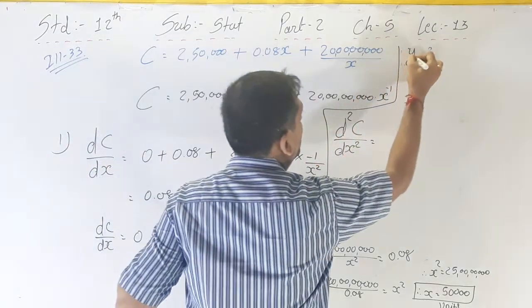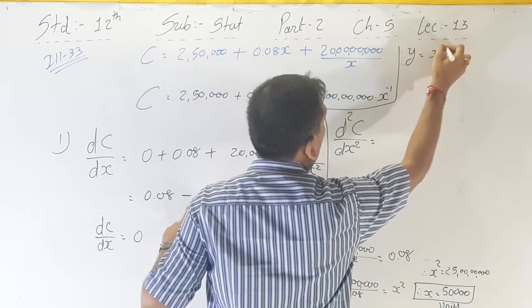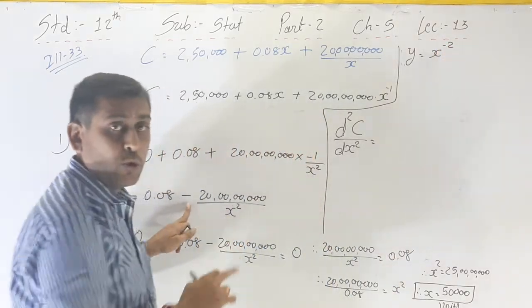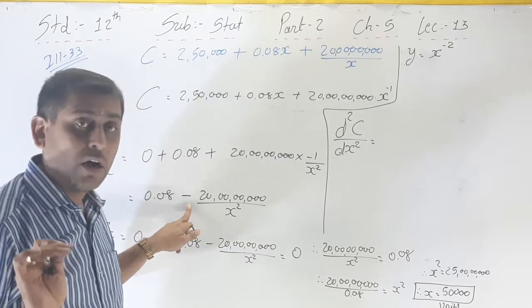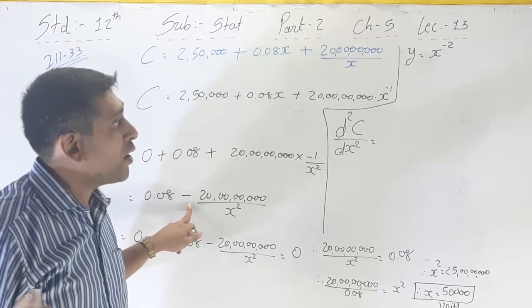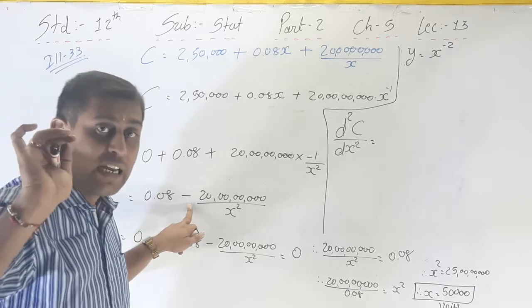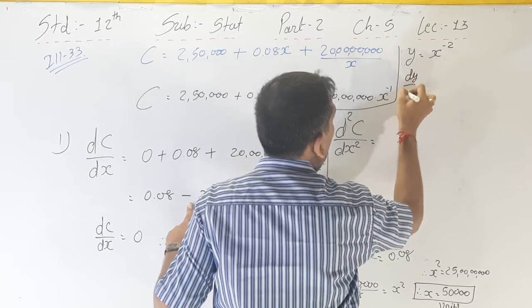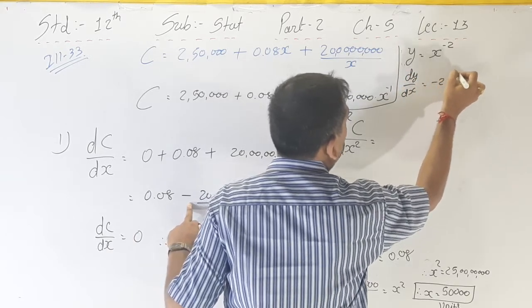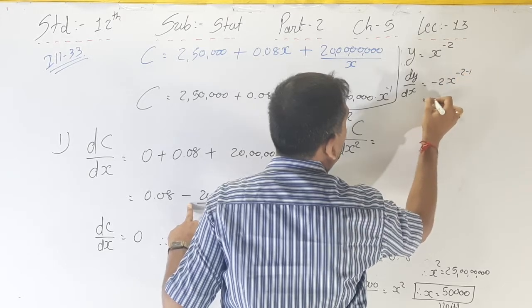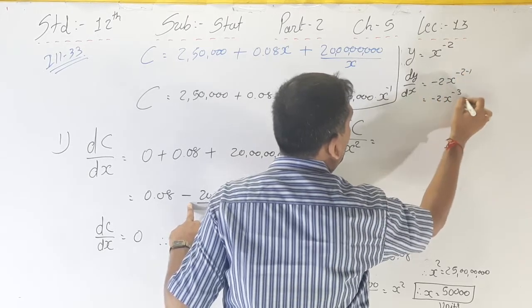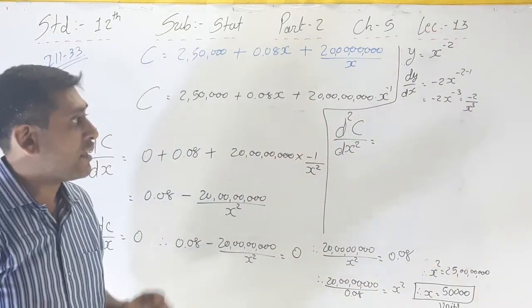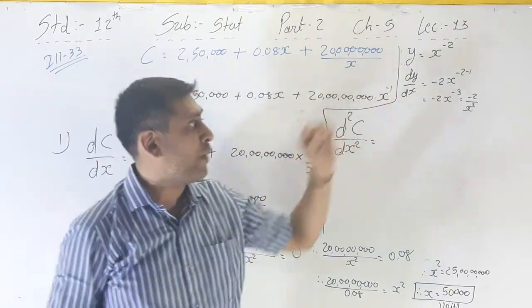What is the differentiation of x raised to minus 2? x raised to 2, that is x square, is in the denominator, so I am converting it into the numerator and the sign becomes negative, y is equal to x raised to minus 2. Then dy by dx is equal to minus 2x raised to minus 2 minus 1, that is minus 2x raised to minus 3, that is minus 2 upon x cube. Right? This is the differentiation of x raised to minus 2.